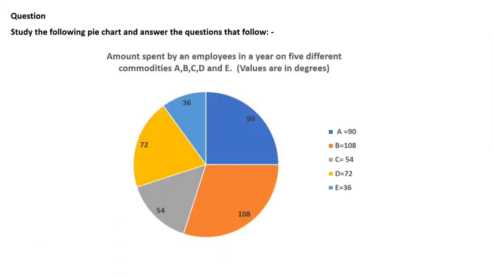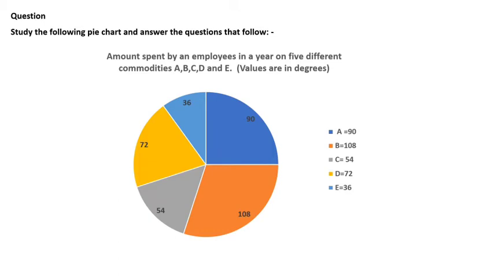So next question. These are the questions we have done based on a bar graph. Now we have a pie chart here. Next question. Study the following pie chart and answer the questions that follow. Whenever you have a pie chart, students, understand this concept very clearly. Let me explain this before going to the questions.